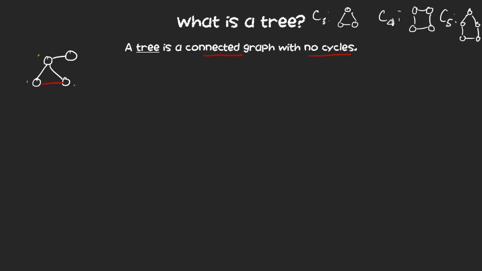What I mean by no cycles is that there's no cycle which is a subgraph of my graph. I can't find any one of these cycles, or C6, C7, any cycle at all inside of my graph as a subgraph. So this edge here would introduce a cycle between those 3 vertices, and we don't want that.